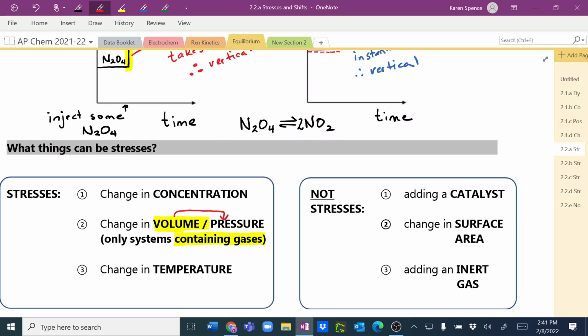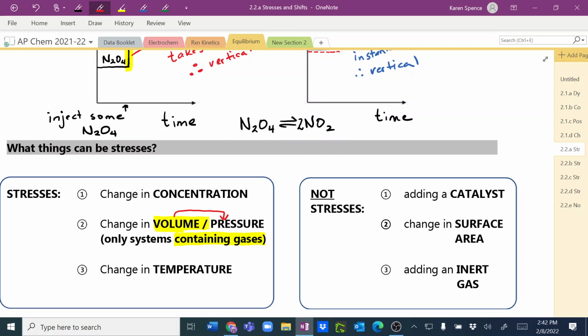Increases. And if I make the container bigger, the pressure decreases. Okay? So 3 things that are stresses: concentration, volume, if the system has gases, which means also pressure, and temperature. So only 3 things. Things that are not stresses: catalyst, a change in surface area, and adding an inert gas.